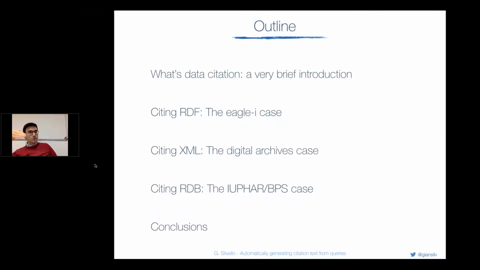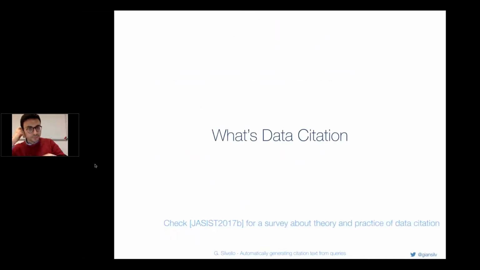Basically, the presentation will be increasingly detailed. The part about RDF will be very general, then we will go into a little more detail for XML, and the part about relational databases will be a little bit more technical, if we have time for that. And for each specific model, I will talk about a specific use case where we tested our systems, and then I will conclude.